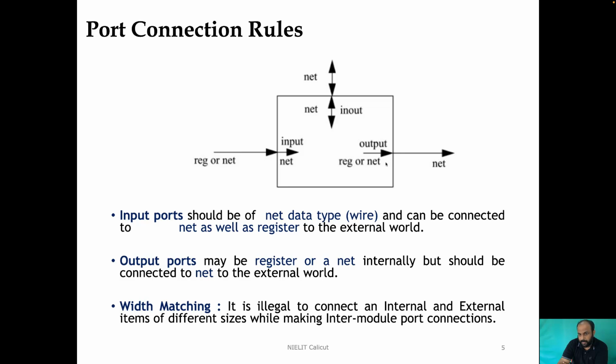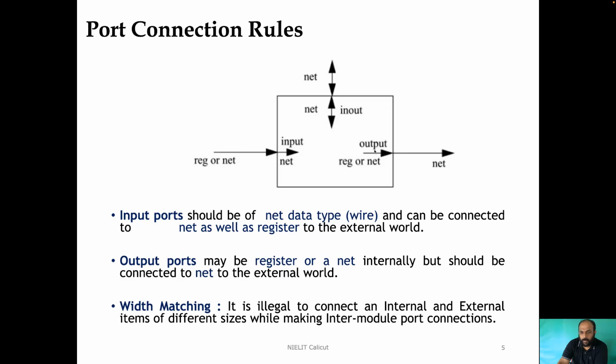When you are connecting an output port to another port of input in nature, it will be connected to a net data type. Similarly, whenever there are inter-module connections, width matching is very, very important. It is illegal to connect an internal and an external item having different sizes.